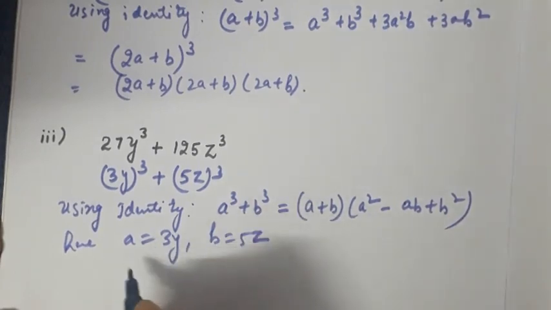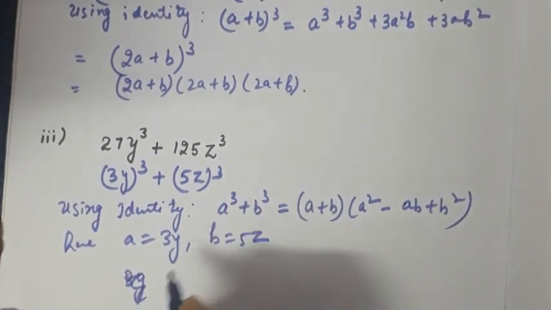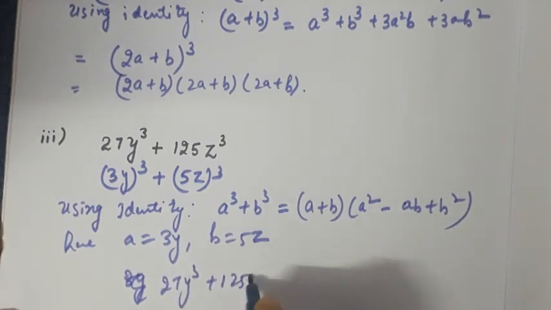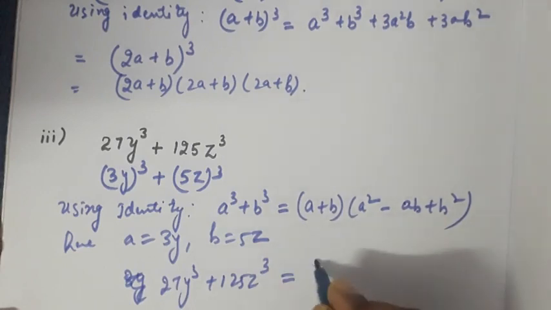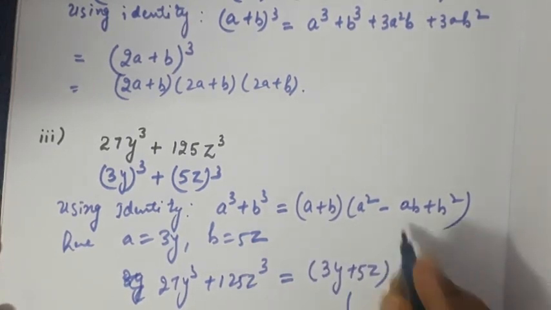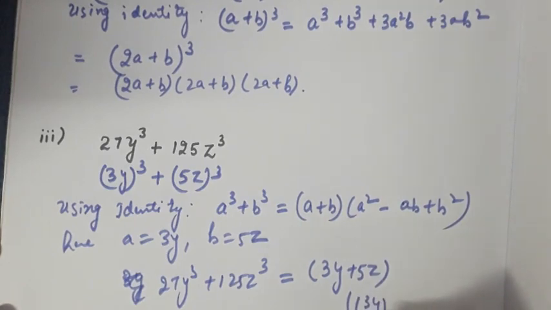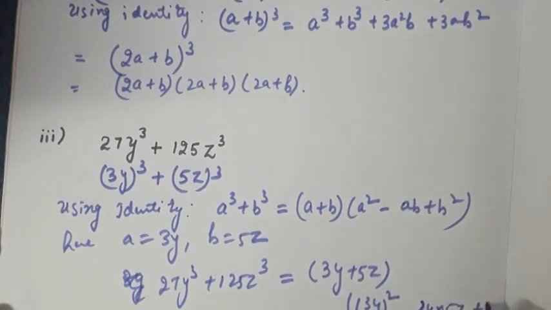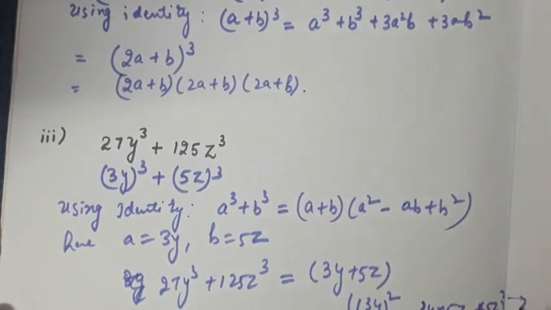You could write here 27y cube plus 125z cube is equal to a plus b, means 3y plus 5z, and a square, 3y square, minus ab, means 3y into 5z, plus b square, means 5z whole square.